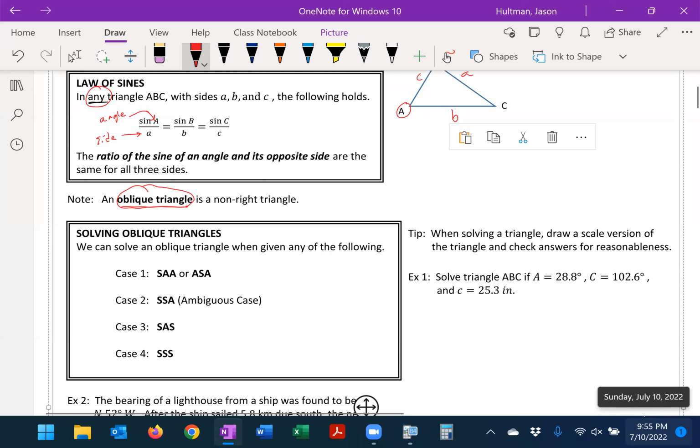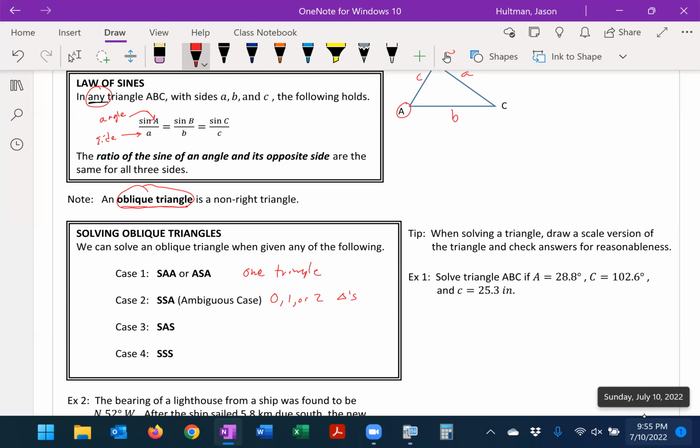If we're given a side and then an angle that's not in between the sides, a non-adjacent angle, that's the ambiguous case. For the ambiguous case, it could give us 0, 1, or 2 triangles. It means that we don't know how many triangles. For SAA, there's only one triangle that can occur.